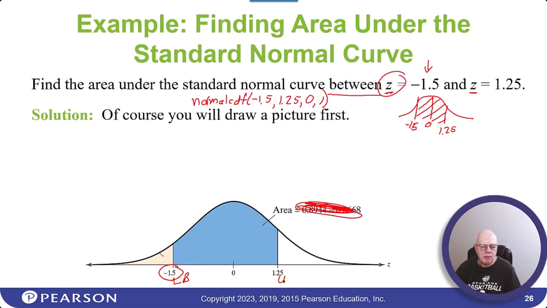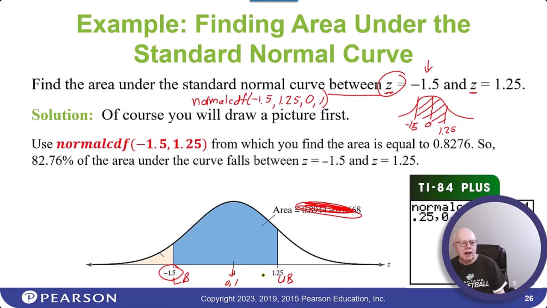Here's the upper bound. Since we're talking about z's, then we'll use the mean of 0, standard deviation of 1, and that's what your entry should look like. Hopefully you put the 0 and the 1 there just to keep in a good habit. This is what it should look like in your calculator, and we're in good shape.